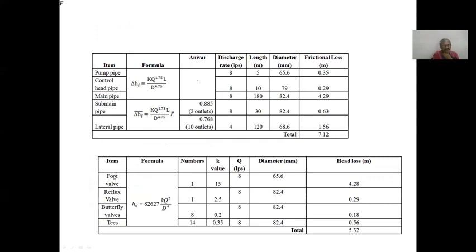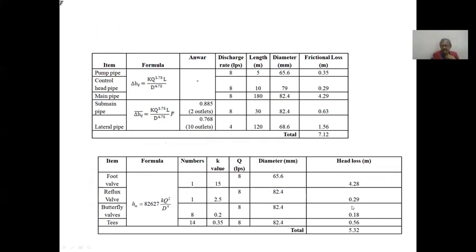Similarly, fittings. You have foot valve, reflex valves, butterfly valves. These numbers are also given, and these are called minor losses. And this formula has been derived in your manual to find out minor losses from the formula K into V squared by 2g, which gets converted into this way for this unit system.